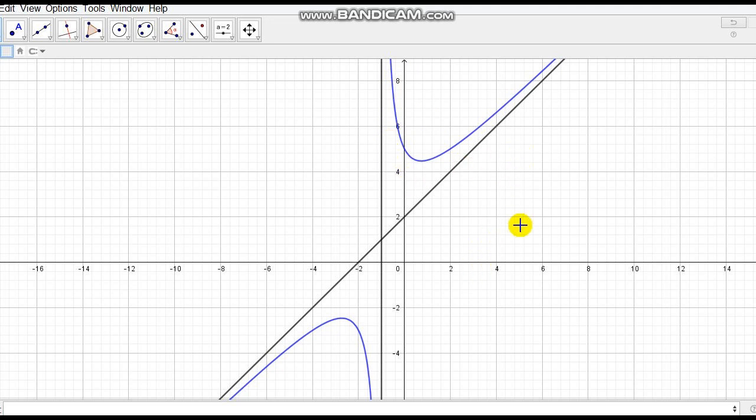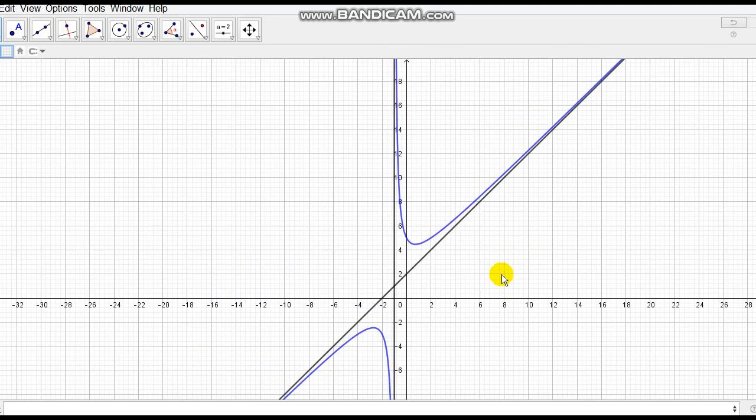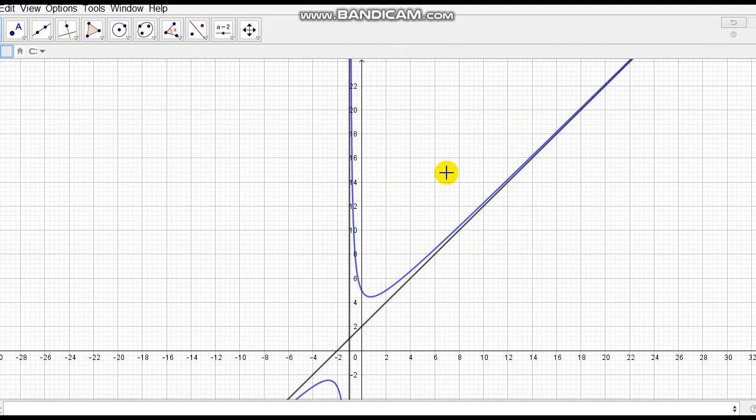That's the kind of behavior that rational functions exhibit. It approaches a particular line, but it never reaches that line, which we call asymptotes. Now take note that there are horizontal asymptotes if n and m are equal, and what we just do there is we get the coefficient of the highest variable with the highest exponent, then divide it. Whatever the result, that's the horizontal asymptote.